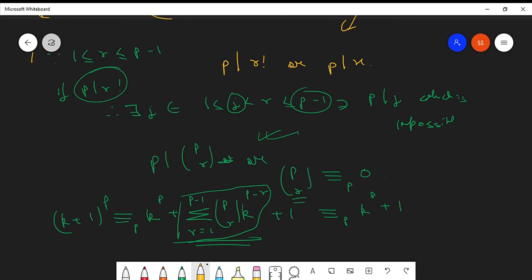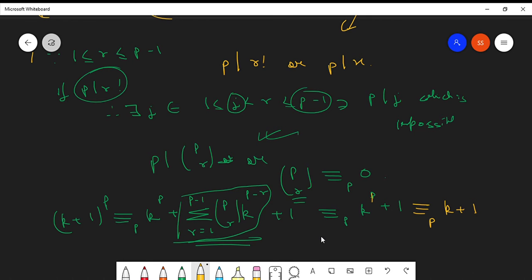And k to the power p must be congruent to k mod p, because that was assumed in the induction hypothesis. So from here what you actually get is that this is congruent to k plus 1 mod p. Therefore the induction hypothesis is verified.